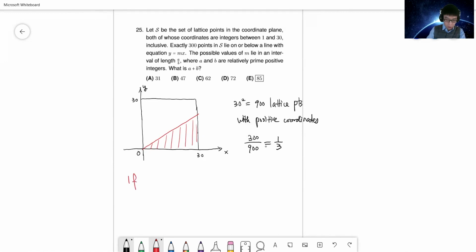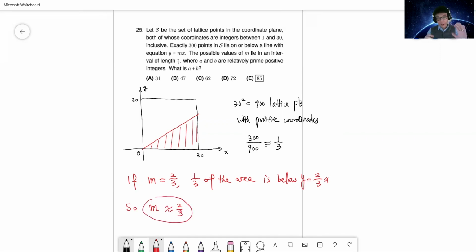So if m equals 2/3, 1/3 of the area is below y equals 2/3 x. So that means that m is approximately 2/3. It's around 2/3. That's some estimate.